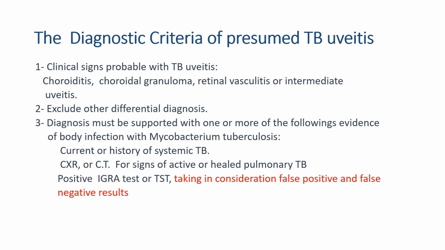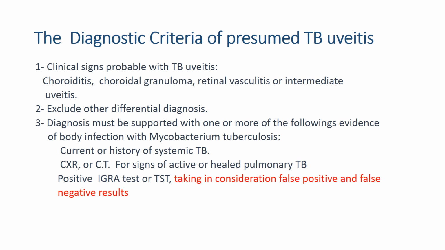In summary, the diagnostic criteria of presumed TB uveitis are: first, clinical signs probable with TB uveitis, choroiditis, choroidal granuloma, retinal vasculitis, or intermediate uveitis. Second, exclude other differential diagnoses.